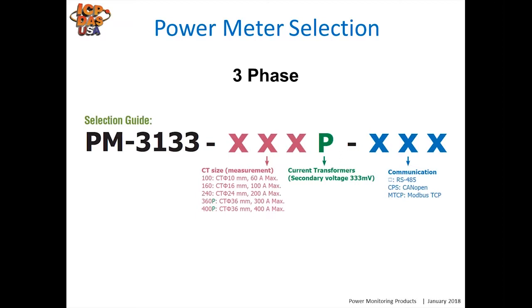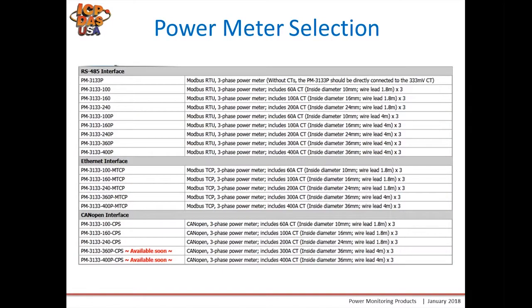Here's a table showing most of our current models. Note the very first one has no protocol listed at the end, so that's the Modbus RTU version. And without the dash 100 or 160 or 240, that one has no CTs included.